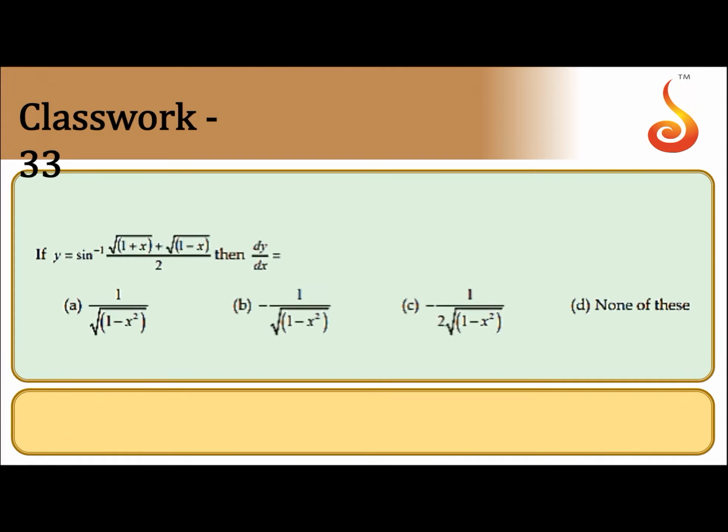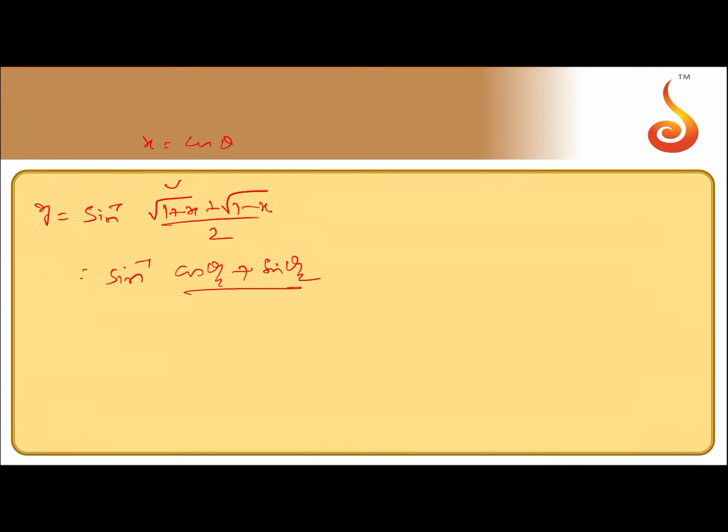Coming to the next one, sine inverse of root of 1 plus x plus root of 1 minus x by 2. Let me take y equal to sine inverse of root of 1 plus x minus root of 1 minus x divided by 2. Substitute x equals cos theta. That is nothing but 2 sine square theta by 2. So therefore it is cos theta by 2 plus sine theta by 2, and of course root 2 gets cancelled by root 2.